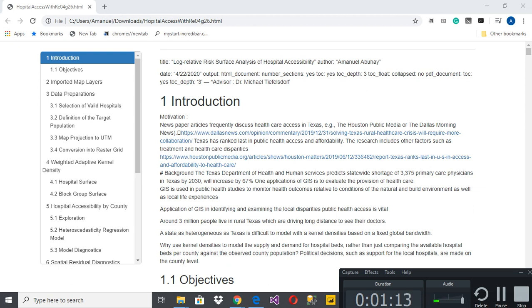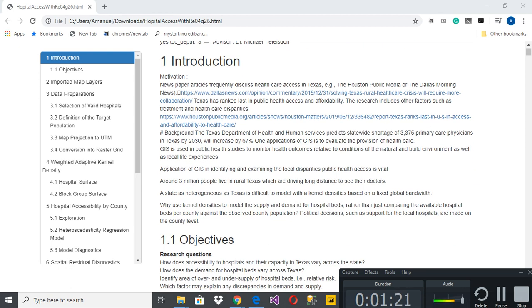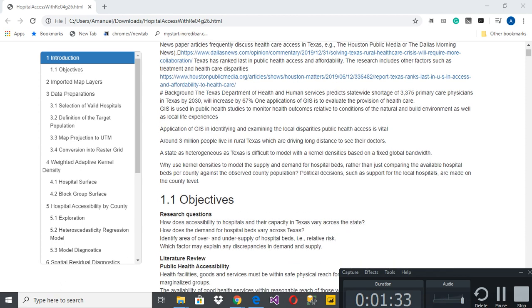According to these articles and the Texas Department of Health and Human Services prediction, statewide in Texas there is a shortage of 3,375 primary care physicians, and this will grow by 67% by 2030.